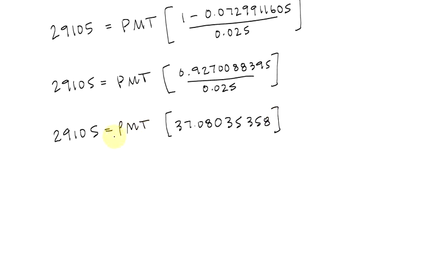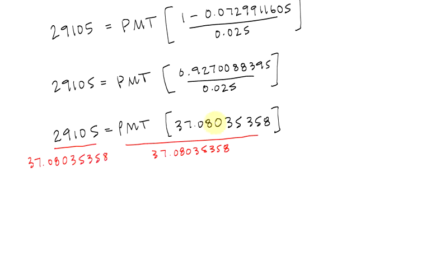To solve for the payment, now I just need to divide both sides by this number, 37.08035358. I'm going to divide the right side by that number, and I'm going to divide the left side by that number. On the right side, that cancels out, and that leaves me with just the payment, which was our goal.